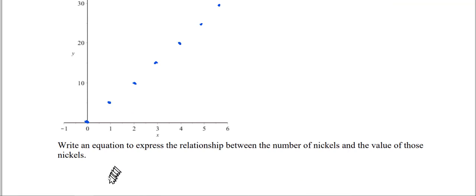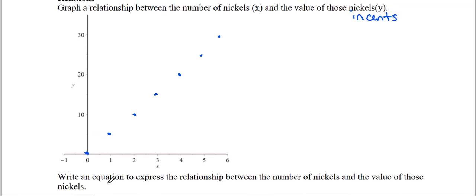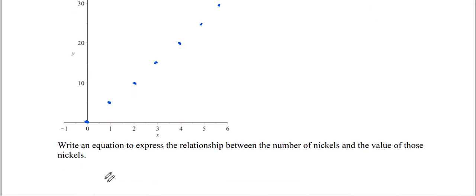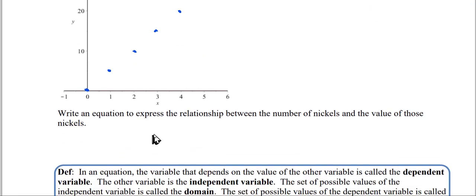The question here says, write an equation to express the relationship between the number of nickels and the value of those nickels. Well, if I'm using y to represent the value of those nickels, what is the relationship I have here? The value is 5 times the number of nickels that I have, right?